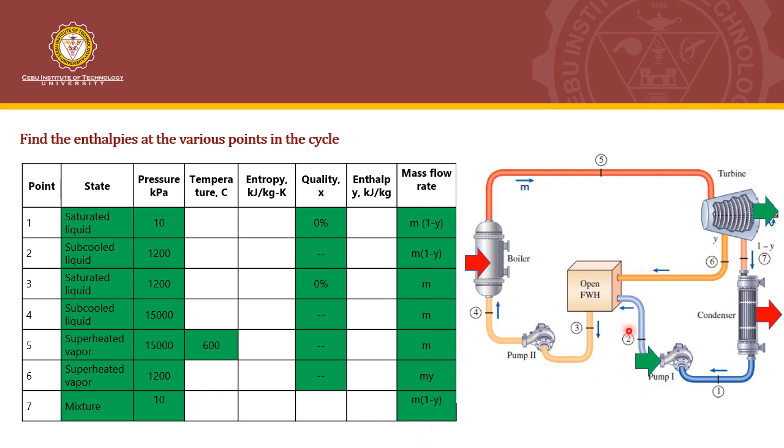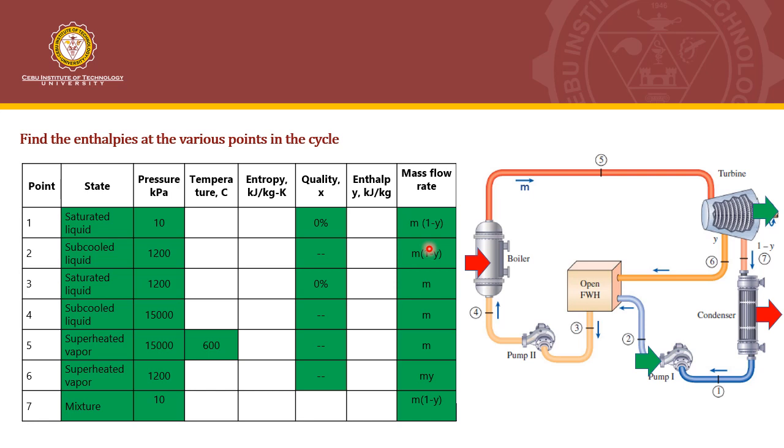And then at point 3, this y and 1 minus y will mix all together. That's why at point 3, it will again become m. So that is how we also determine the flow rate at the different components. Basically, you just look at the different loops in the cycle. It's like a circuit in your electric circuit.